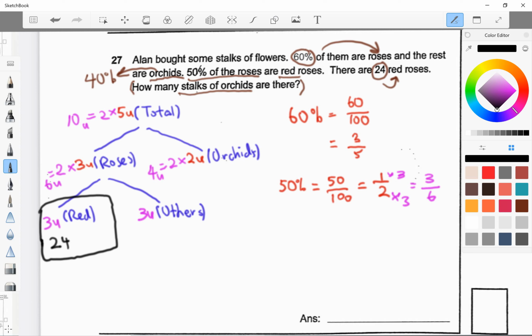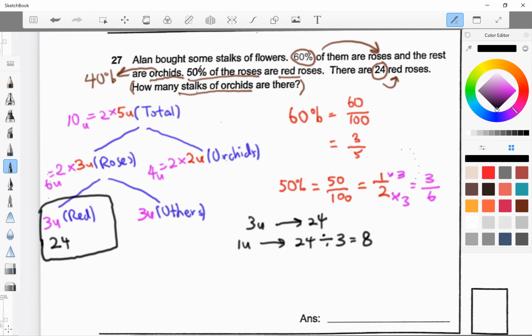And at the starting point of this entire solving journey, I will write down 3 units represented by 24. And naturally, I would like to find out what 1 unit is, and that will be 24 divided by 3, giving us 8.